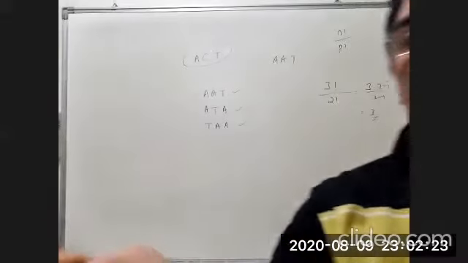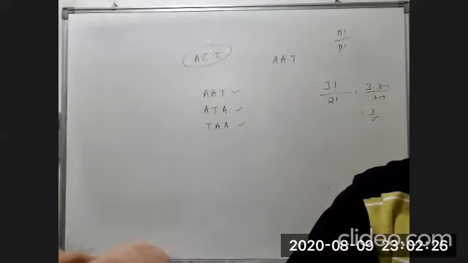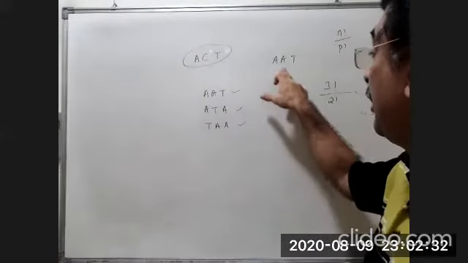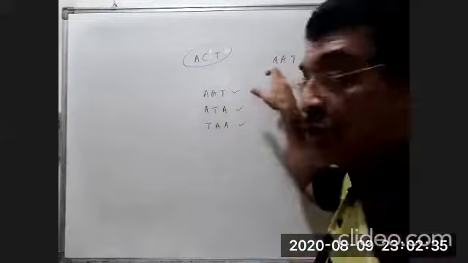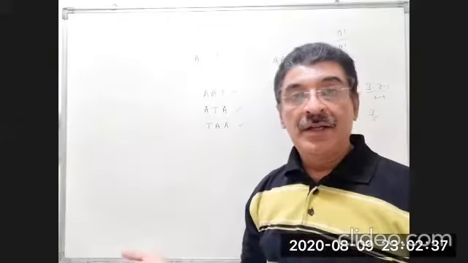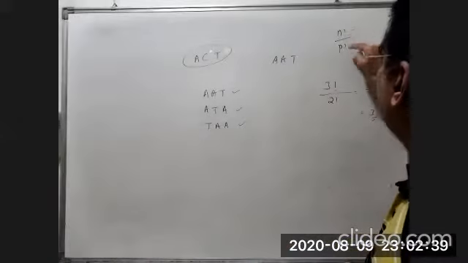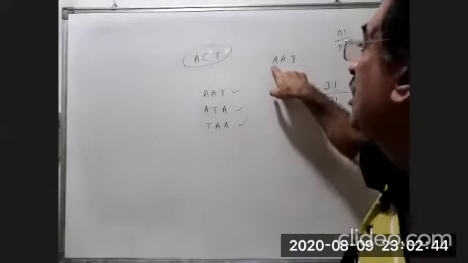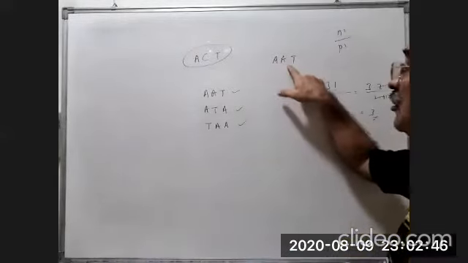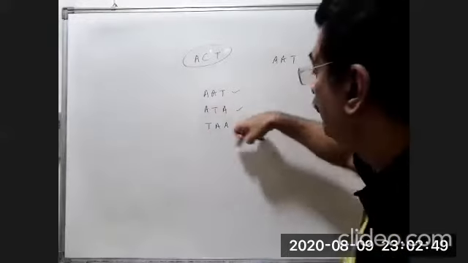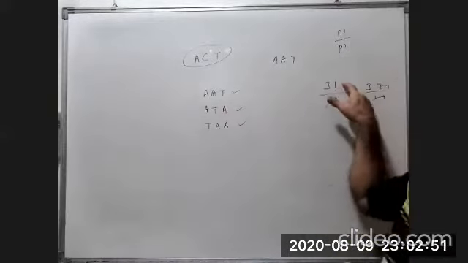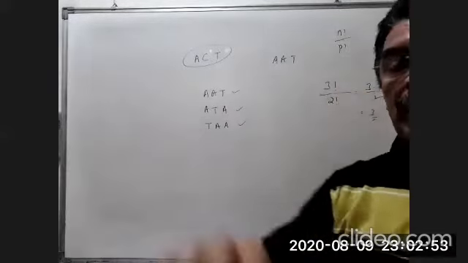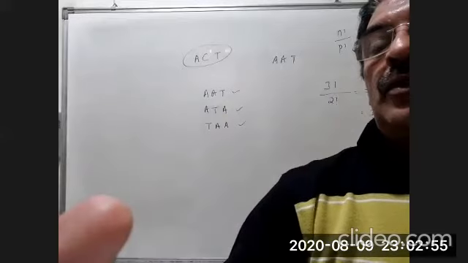So out of n objects, if p are of the same kind, here out of 3 letters, 2 are of the same kind. Out of n letters, if p are of the same kind, n factorial by p factorial. So total number of words which can be formed is 3 factorial by 2 factorial. So that is 3 ways.